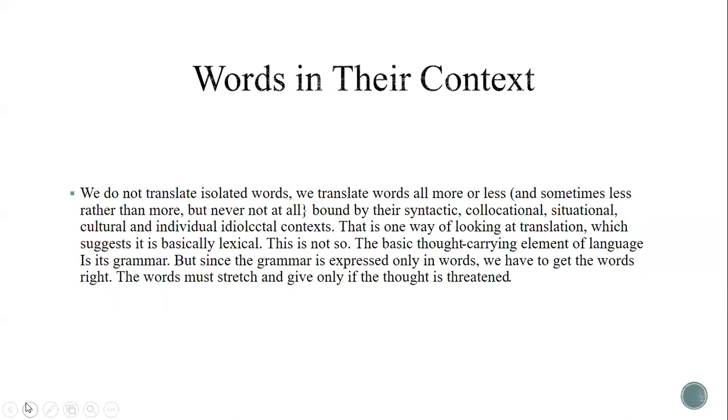That is one way of looking at a translation, which suggests it is basically lexical. This is not so. The basic thought-carrying element of language is its grammar. But since the grammar is expressed only in words, we have to get the words right. The words must stretch and give only if the thought is threatened.